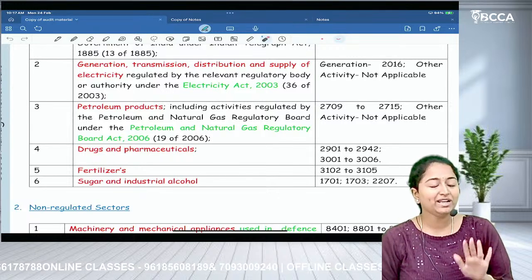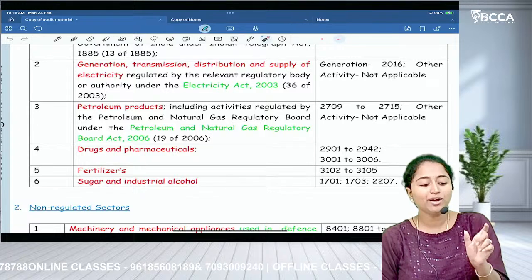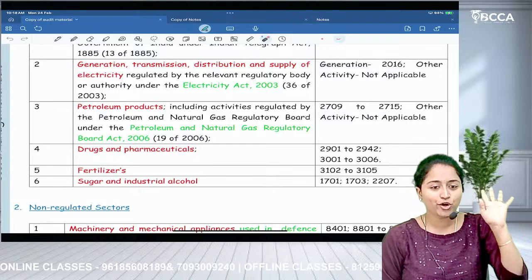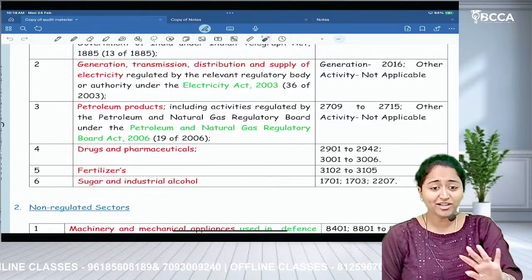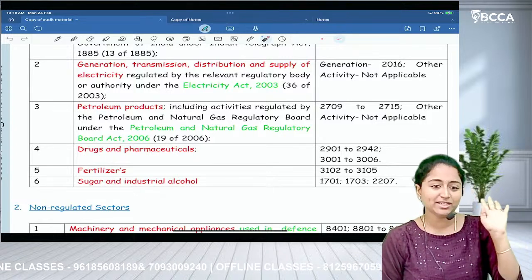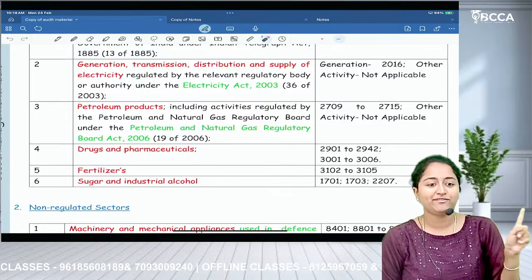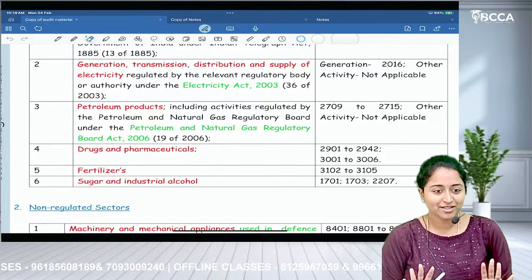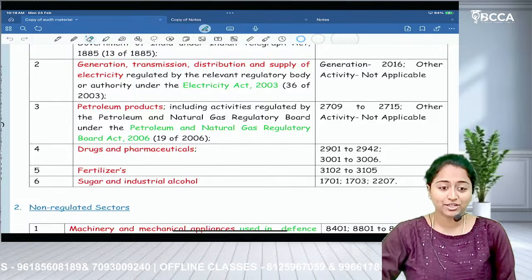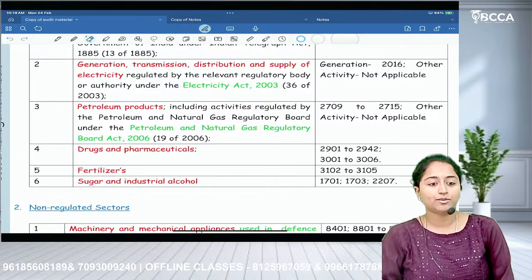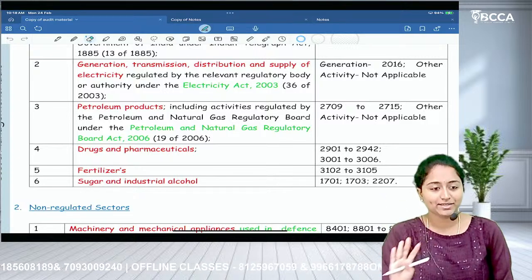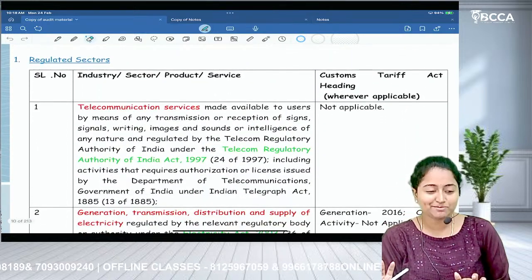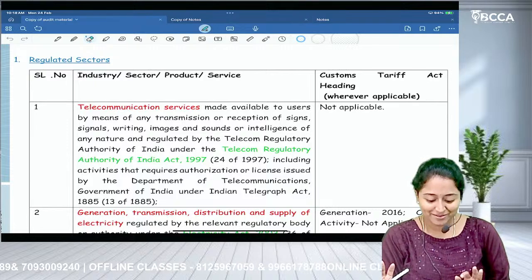So whenever a question is asked, you will be able to identify that it is not in the regulated sectors, but I remember it is there in non-regulated sectors because I have revised once or twice. Okay. This is not selective study. I'm not telling you to entirely skip that concept. I'm telling you to see it once or twice, but majorly depend on regulated sectors. It is just doing smart work rather than hard work.